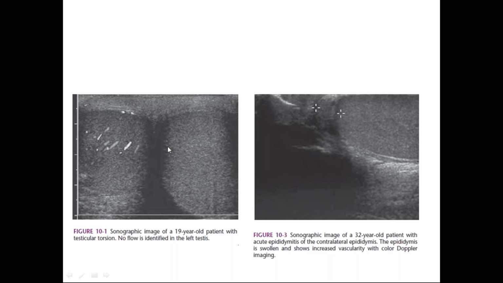This is the normal appearance of the testis on the left side and right side. In color Doppler, we can see blood flow within the right testis, which is normal, and within the left we do not see any blood flow. This is how we can say there is a torsion and cessation of blood supply to the testis.